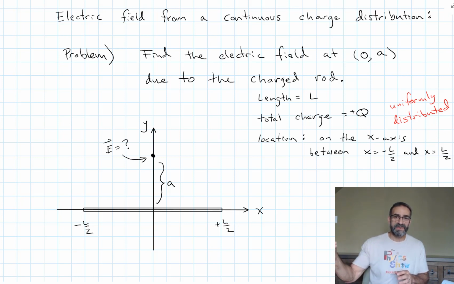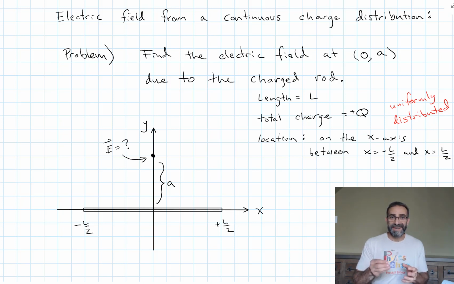And then in 6 or 7 weeks, we're going to use a very similar technique in finding the magnetic field from a current carrying wire. So we do sort of the same process over and over again. And if you don't get it down now, you're just going to get into more and more trouble as we go on. Really try to understand why we're doing things and what the thought process is.